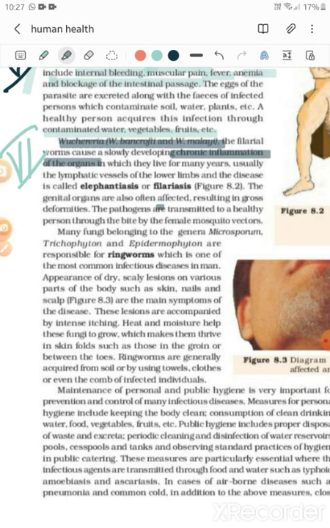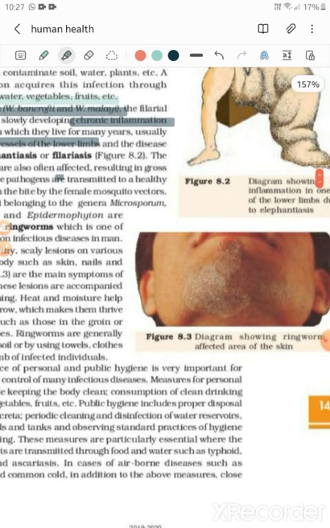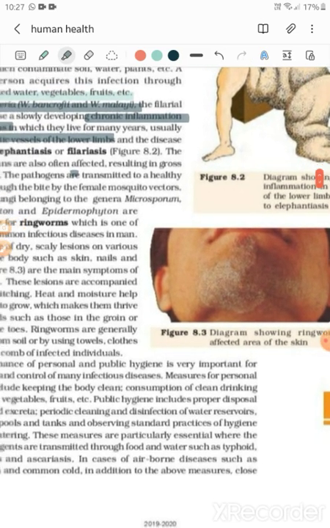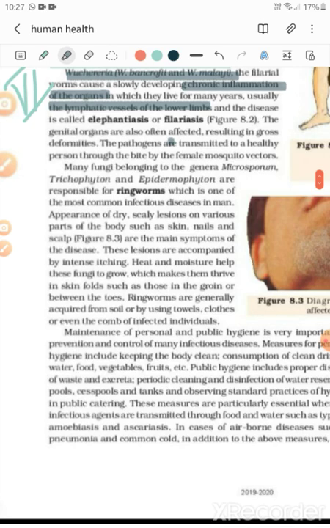Mark this point: the chronic inflammation is usually of the lymphatic vessels of the lower limb, that's why the leg gets swollen. We have to know that the legs are swollen because of the blockage in the lymphatic vessels of the lower limb. The disease is called lymphangiasis or filariasis. The genital organs are also affected, resulting in gross deformities.